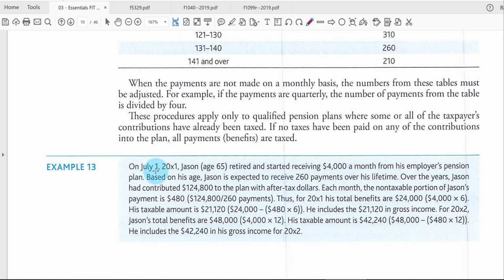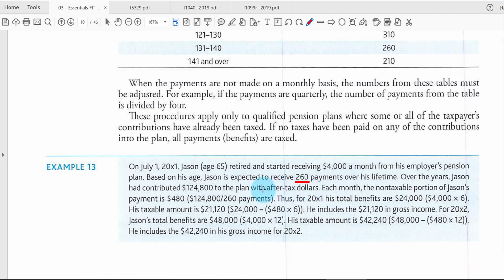So that means he's going to receive 6 months' worth of $4,000 each for the current year. This is going to last for the rest of his life. So we're told he's expected to live another 260 months. And we'll see how this is calculated as we work through this problem.